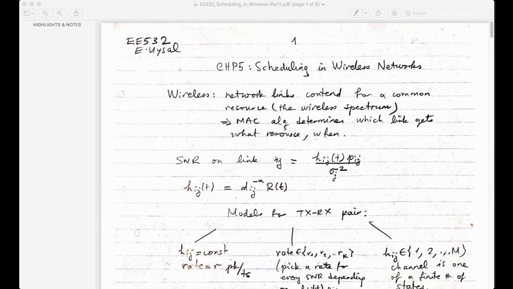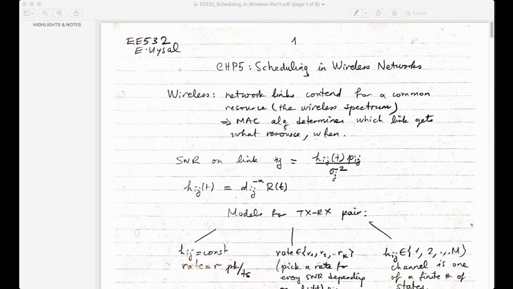So the signals of everyone are in the air together, and they could interfere with each other. This happens, of course, you may say, in an optical cable using Ethernet, there is contention as well, but in wireless this tends to happen more. So the medium access control algorithm is very important.